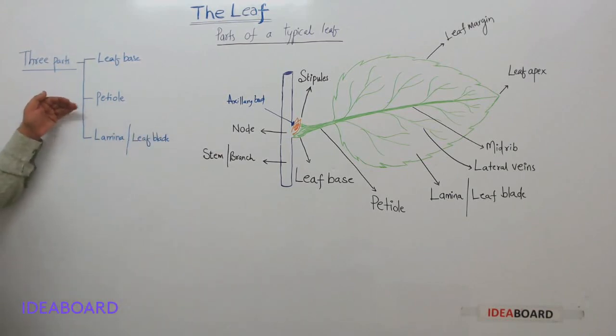Leaf base, petiole, lamina or leaf blade. These are the three parts of the leaf.